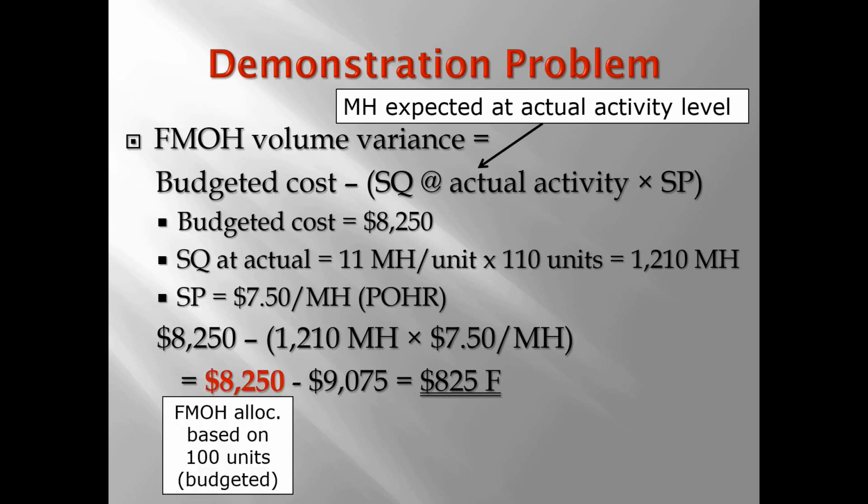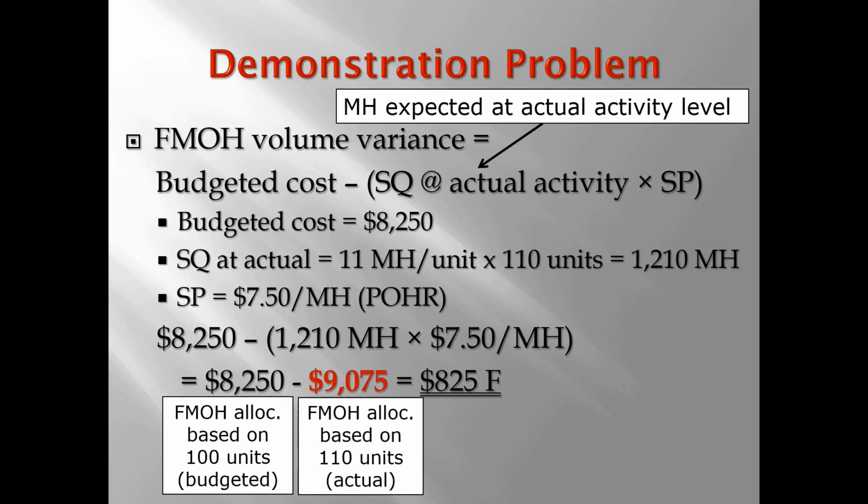Remember that the predetermined overhead rate is based on an expectation that the firm would make 100 units during the period. If the firm did, then the fixed manufacturing overhead volume variance would be exactly 0. But that's not what happened. The firm actually made 110 units.